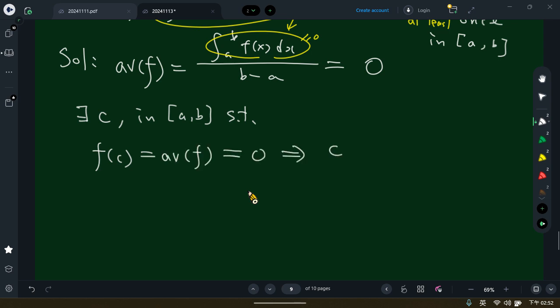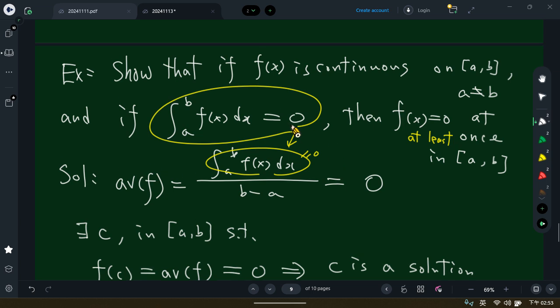So C is a solution to f of s is equal to 0. Did you remember when we talked about what a solution to f of s equal to 0 is? It means when I use C as the input for the function, its return value should be 0. So according to this, we can get the root.